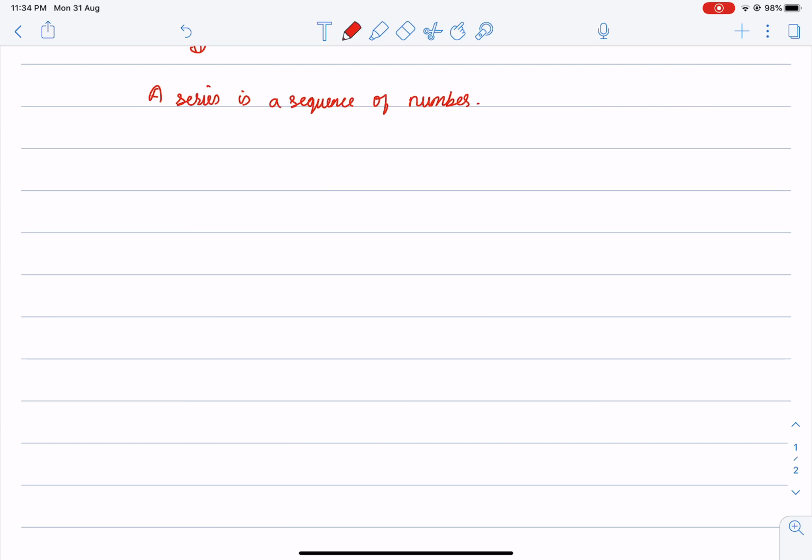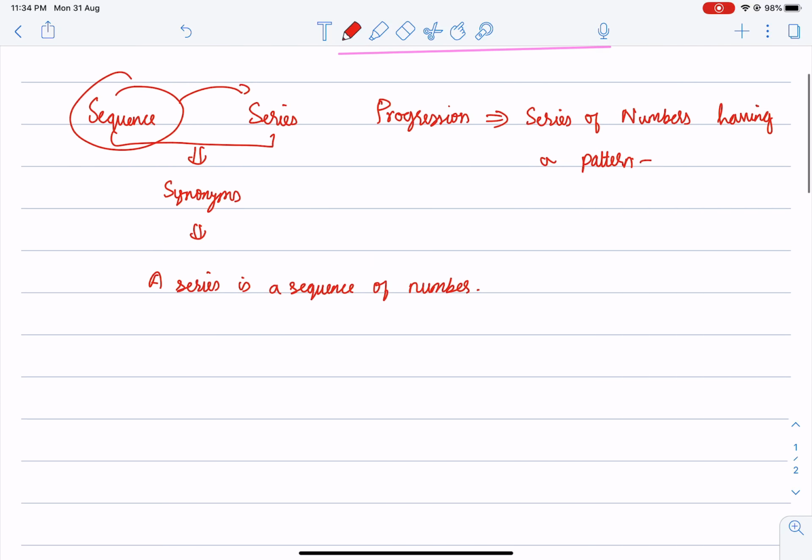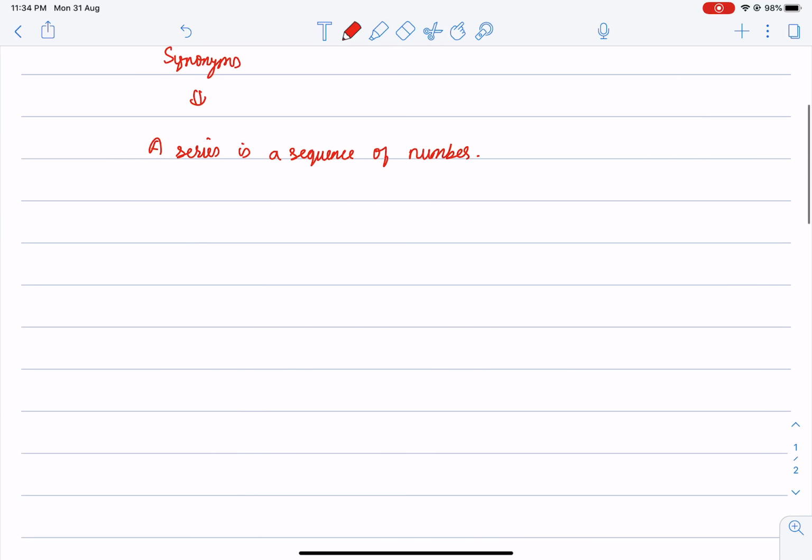So what is an AP now? It is basically a progression having a common difference.